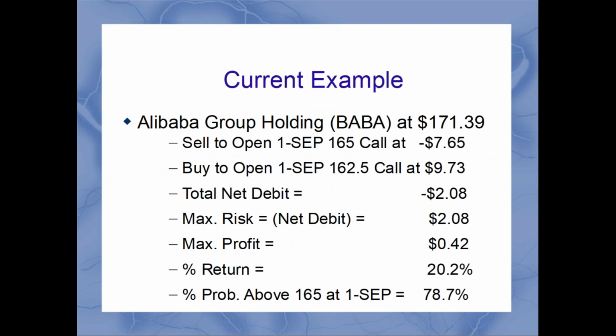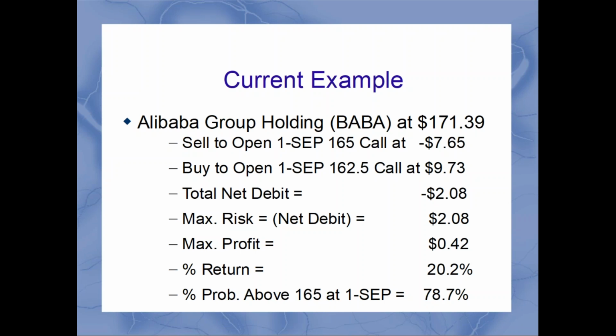Now, we could set up the bull call debit as a parity trade to the bull put credit we just looked at on Alibaba. Same strikes. I could sell to open the September 1st 165 call for $7.65. This option is $6.39 in the money, so a lot of that premium is the intrinsic value, of course.